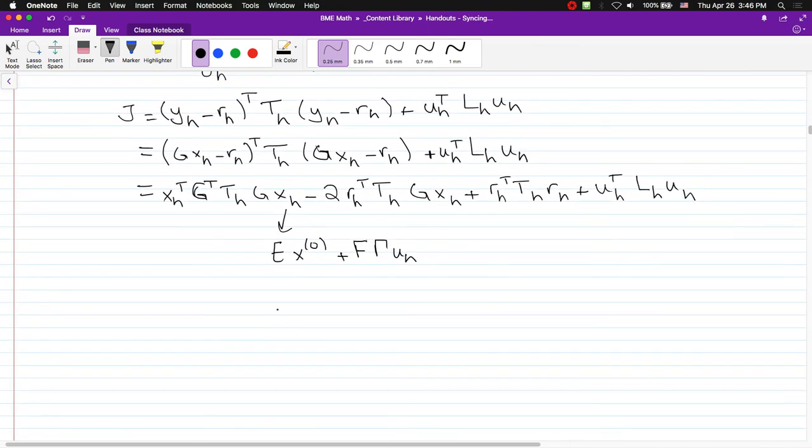All right, so now what I want to do is find the derivative of this, to minimize this with respect to the history of commands that you gave. So we'll find the derivative of this with respect to UH.